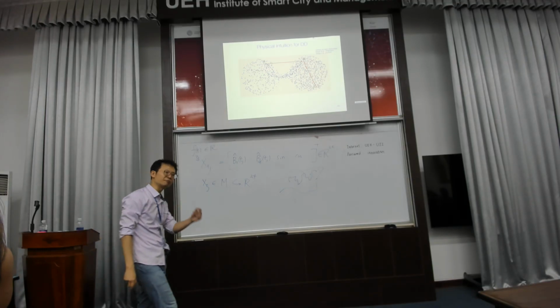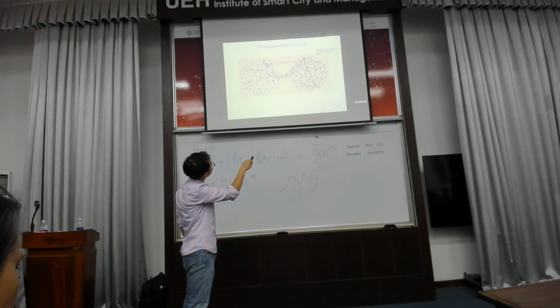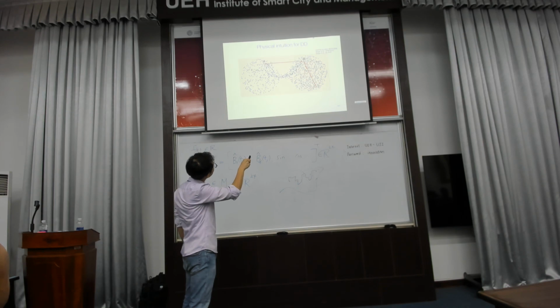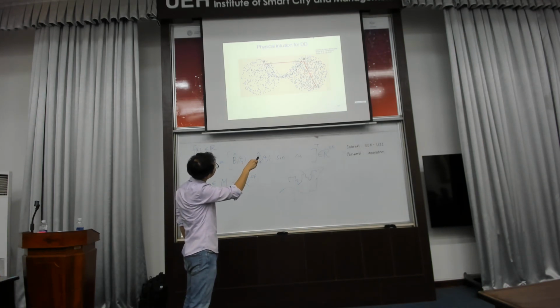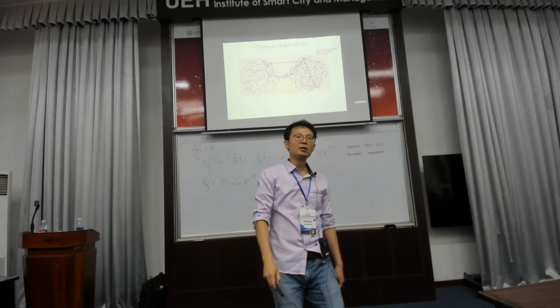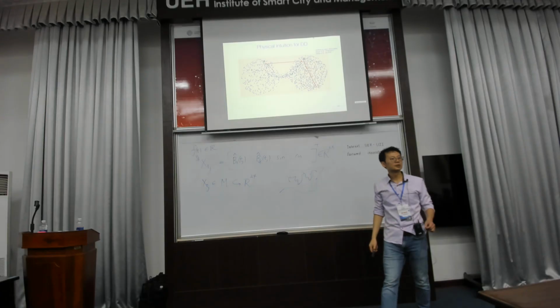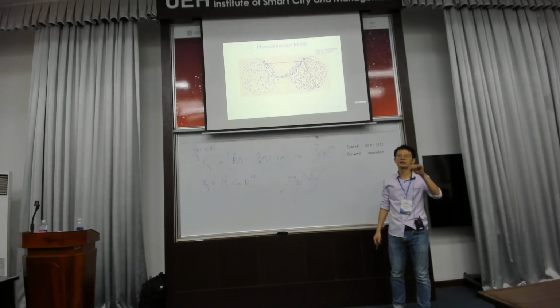But if you think from a diffusion perspective, you want to diffuse from B to A. What do you need? You need to respect the geometry, right? You need to diffuse over points, and if you're lucky enough, you enter the isthmus, then you can arrive at A. But if you want to diffuse from B to C, there are many paths you can take from B to C. So diffusion helps you determine the notion of distance by respecting the geometry.